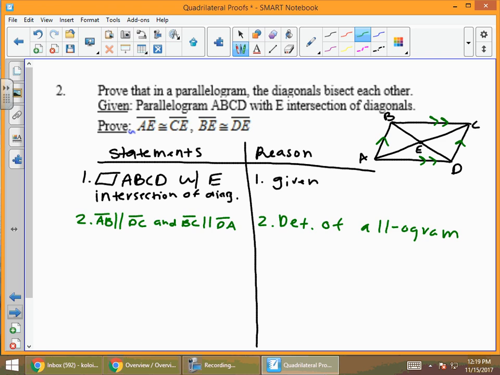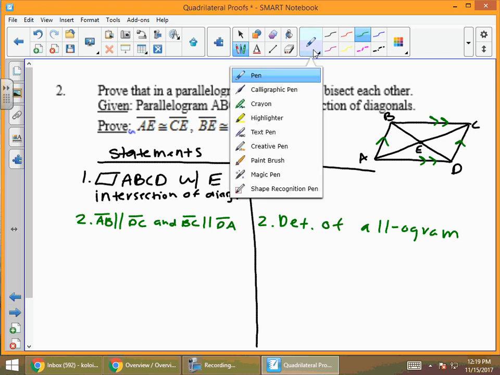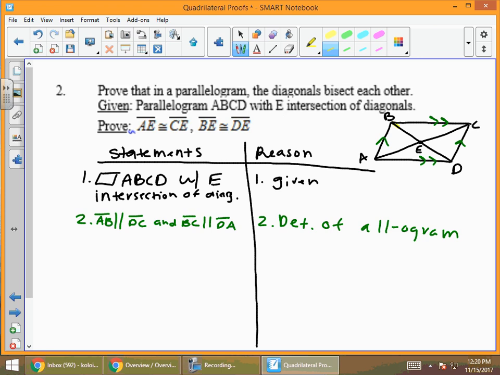What did I pick? Essentially we can prove that this triangle and this triangle are congruent. We can state that their parts are congruent, which shows that the diagonals bisect each other.